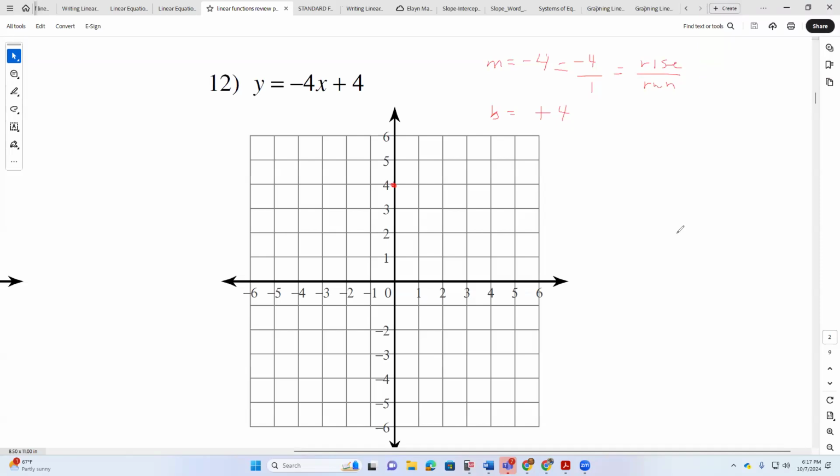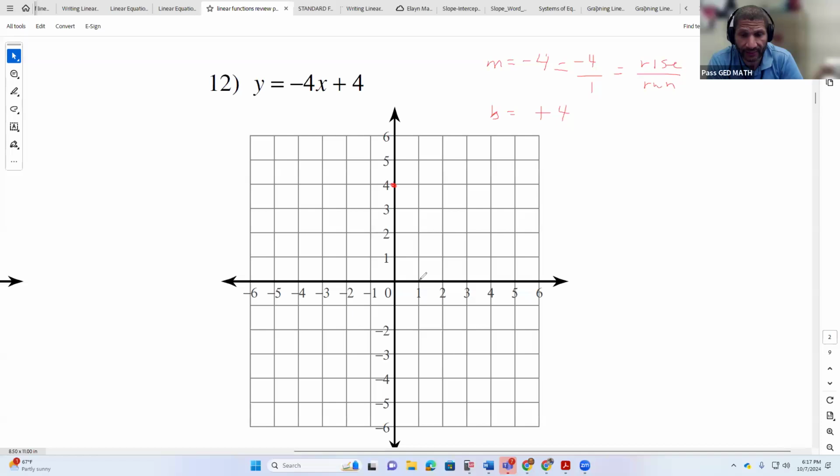So you got to keep in mind your y-axis is vertical, going up and down. Your x-axis is horizontal, going left to right. So if your rise is negative, that means I'm going down. How many am I going down? 4. 1, 2, 3, 4. My run is +1. Am I going to the left or the right? To the right, positive.